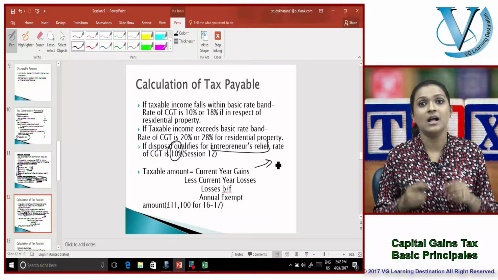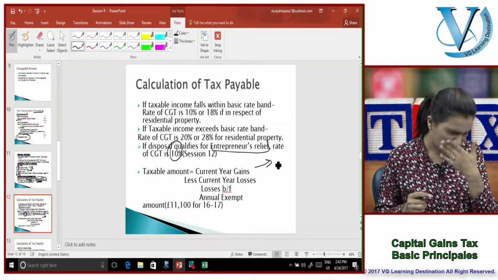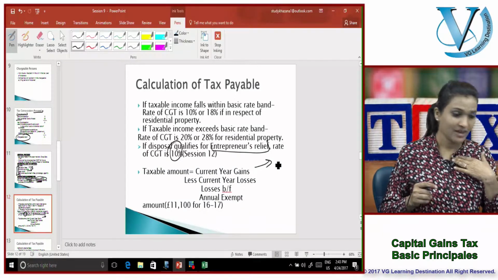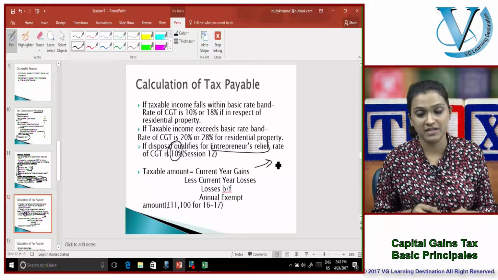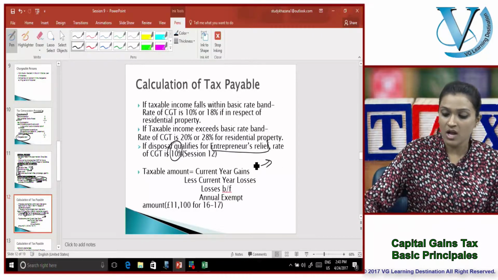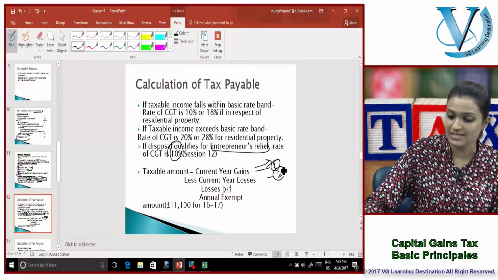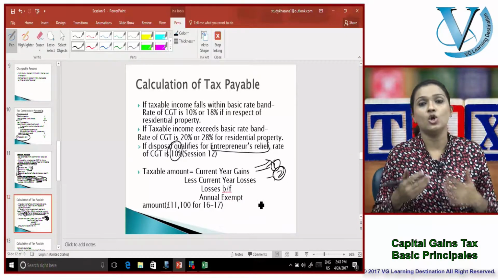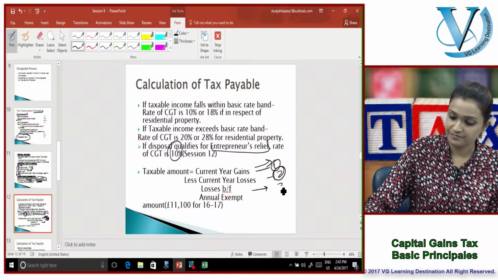that you have brought forward from the previous year. So first, we start off with the current year gains, reduce any current year losses, and then reduce the losses which have been brought forward from the previous years.